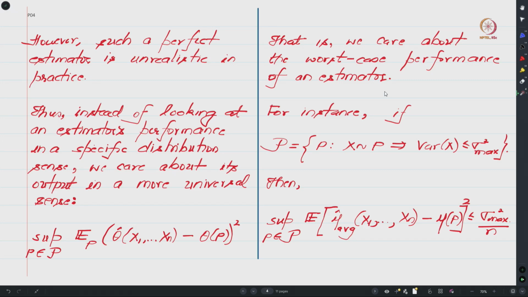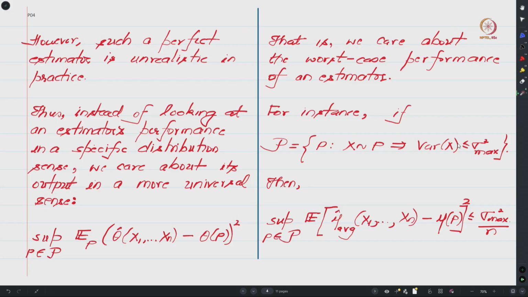Is this okay? So for example, let us say our class of distributions includes all those distributions such that, for any random variable x having the distribution p, its variance is upper bounded by sigma max square.